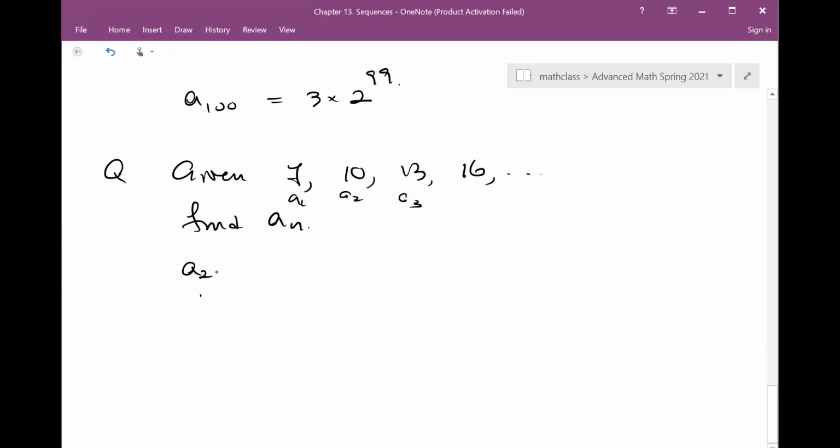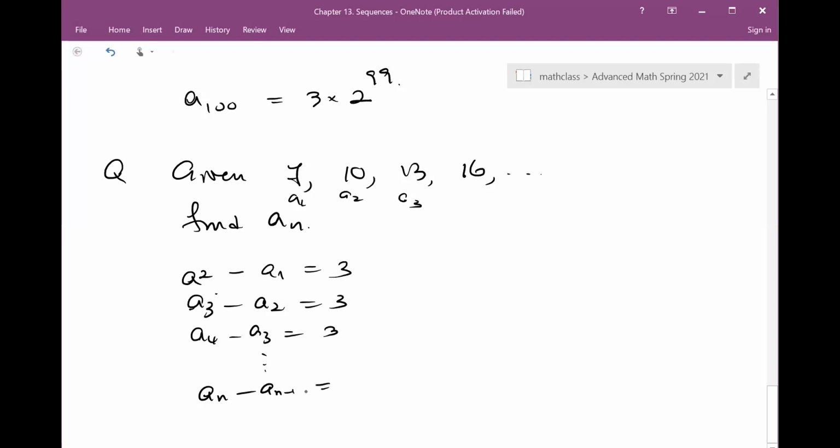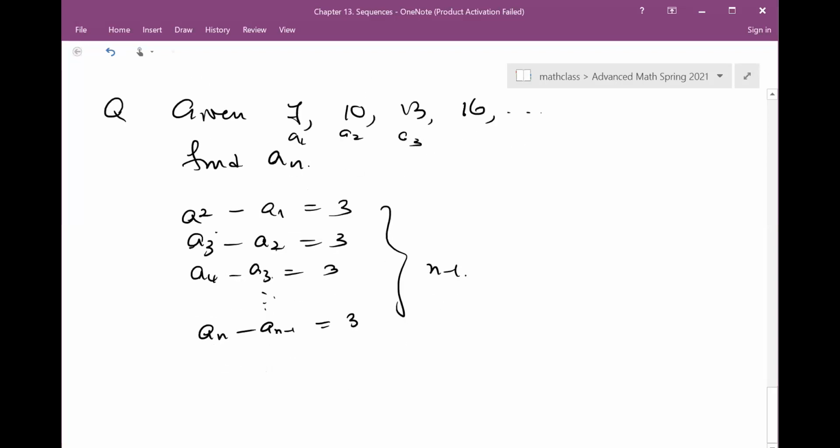So A2 minus A1 is 3, and A3 minus A2 equals 3. Each time A4 minus A3 equals 3, and keep it going. And then AN minus AN minus 1 is 3. So A1, 2, 3, 4, 5. So actually you have N minus 1 terms.